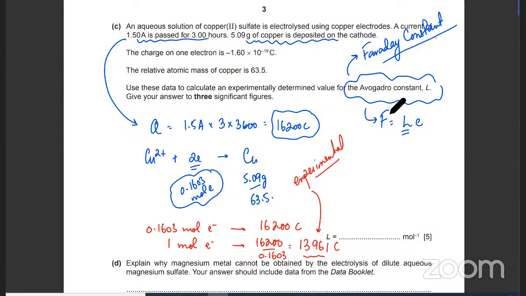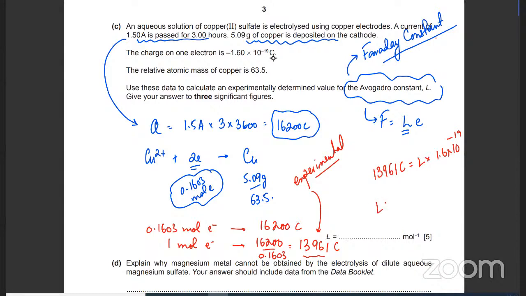Now I found the Faraday constant, and using the Faraday constant, I'm going to figure out the Avogadro constant. So 13,961 coulombs is the charge on 1 mole of electrons. 1 electron has a charge of 1.6 times 10 to the power minus 19 coulombs multiplied by the Avogadro constant, which is L. So I'm going to try and figure out what L is.